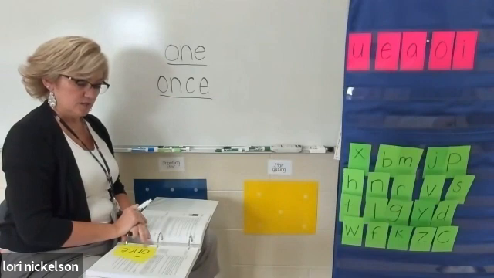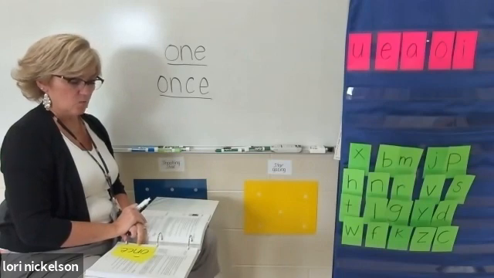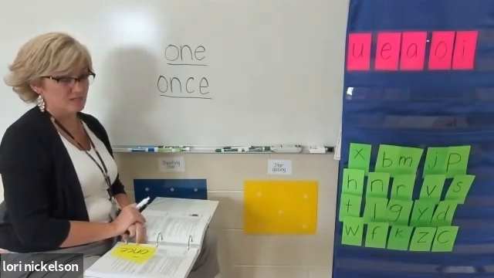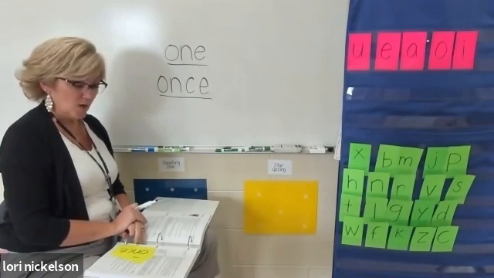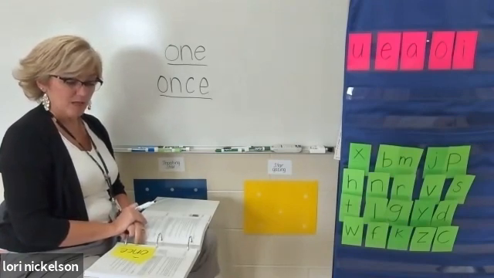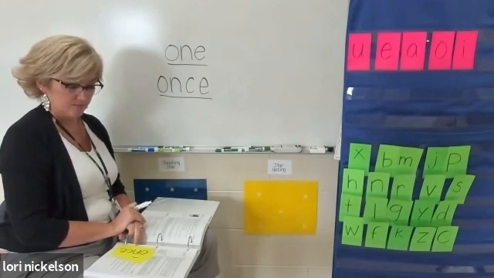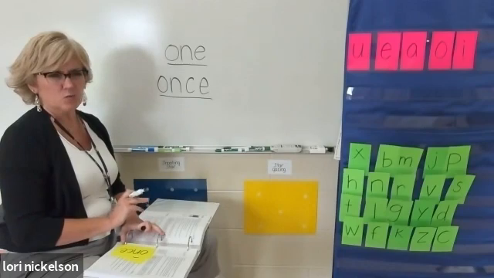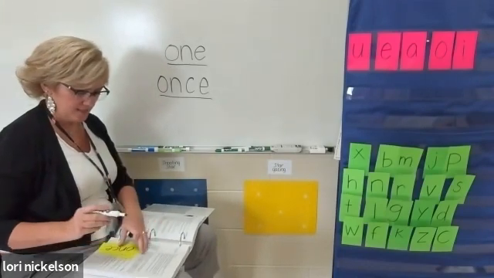Tell students, remember that when you're reading once, you have to remember to pronounce it as once, as a W sound. But when you write once, you have to remember to spell it O-N-C-E. So let's practice reading one and once in some phrases.